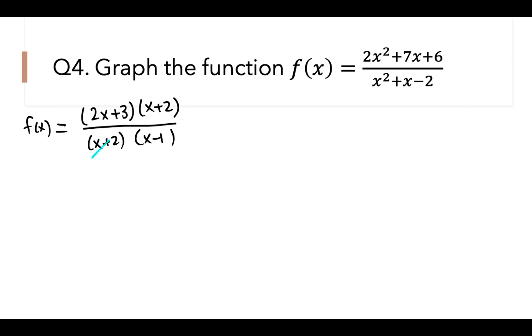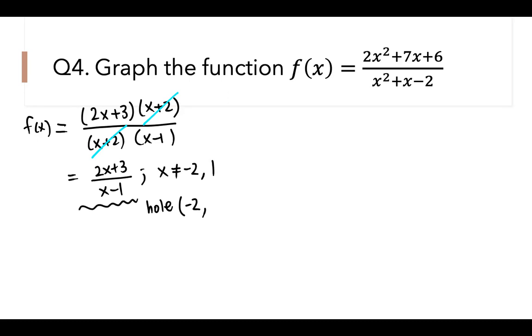It cancels out x plus 2 and x plus 2. So my simplified version is going to be 2x plus 3 over x minus 1. And we know that for the domain, x cannot be -2 and 1. So it looks like there is a hole because it cancels out at -2. So I'm going to plug -2 into my simplified equation. I'm going to get 1/3.